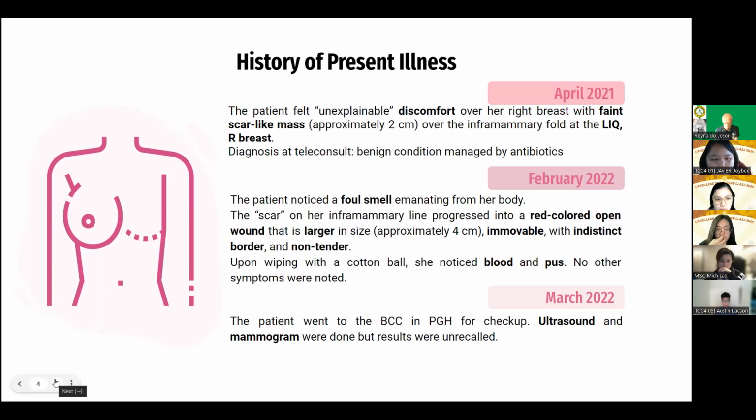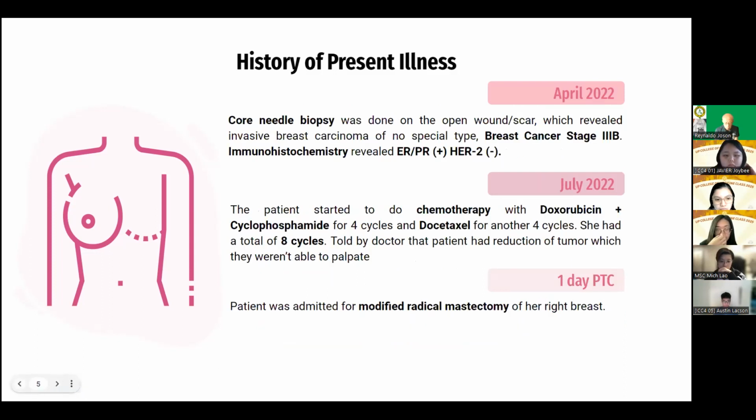However, we can surmise that the mammogram results may be around BIRADS 4A to 5 because in April 2022, a core needle biopsy of the open wound or scar revealed invasive breast carcinoma of no special type, stage 3B. Immunohistochemistry revealed that the patient was ER/PR positive and HER2 negative.